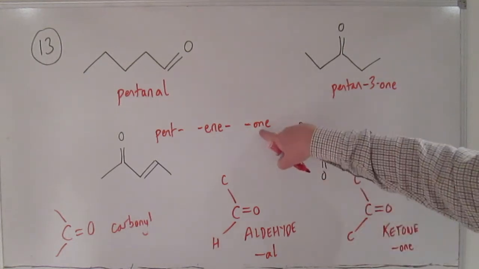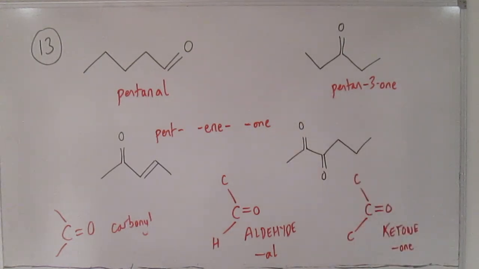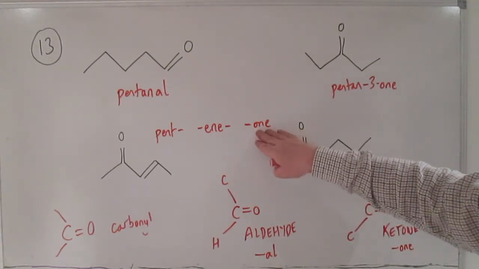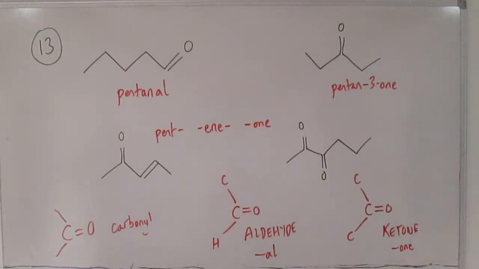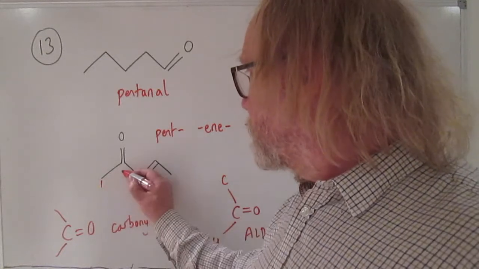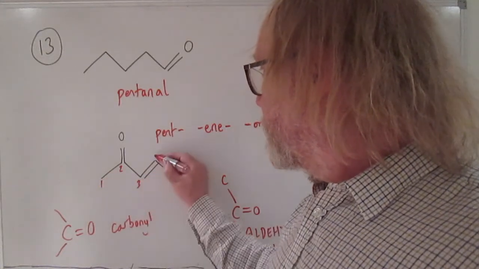Well, this is our ending, one again, so that gets to have the lowest number. When you've got to decide on which end to start numbering from, you look first at the group which gives the ending, if there is one, and you make sure that gets the lowest number possible. So obviously that means you're going to want to number from this end, so it goes like this.